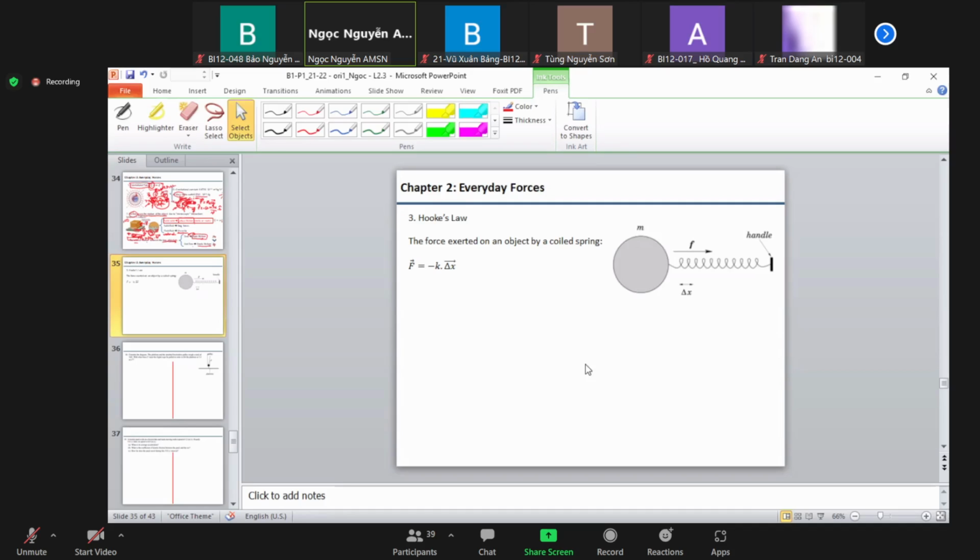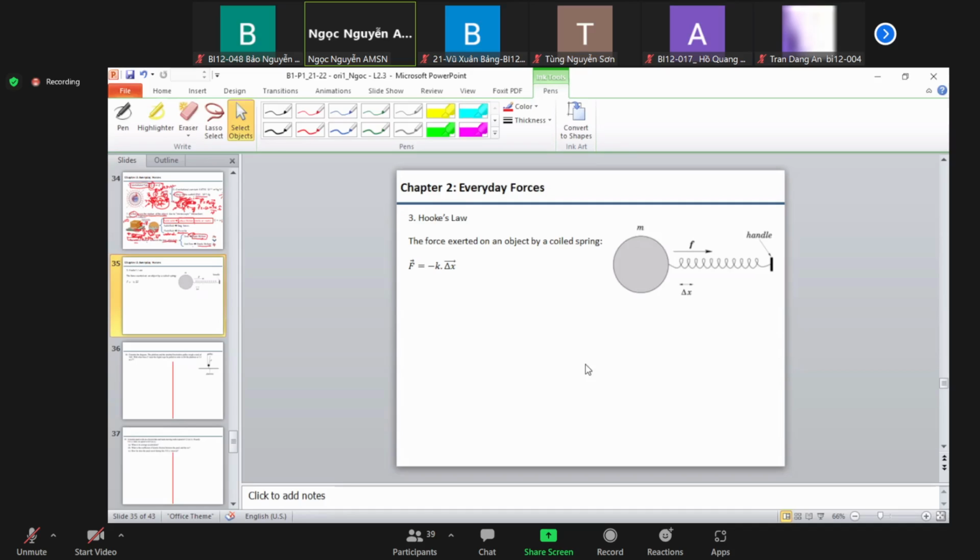When you have a spring here, and one end of the spring is fixed to the wall. Here is the natural length of the spring, and I call it 0, and this direction is the positive x direction.